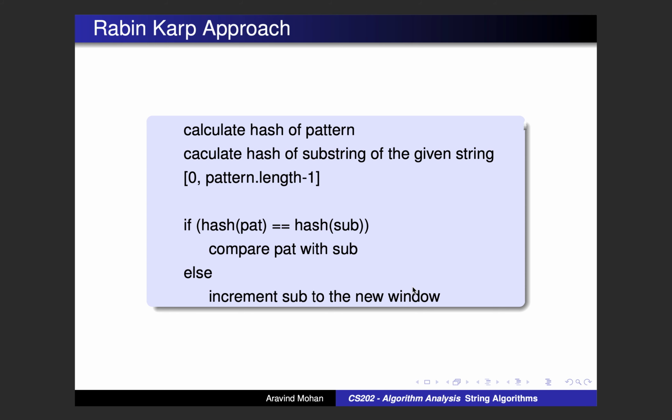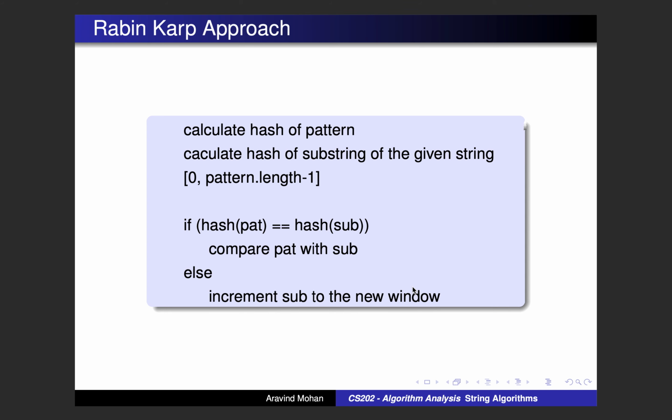But there is a solution proposed by Rabin and Karp, also known as the Rabin-Karp algorithm, which uses a hash to perform the comparison.